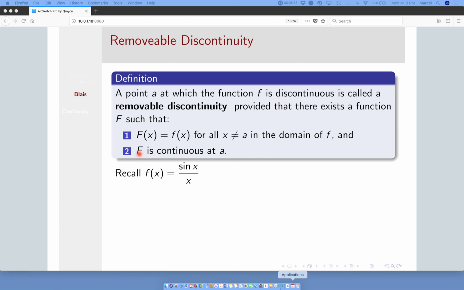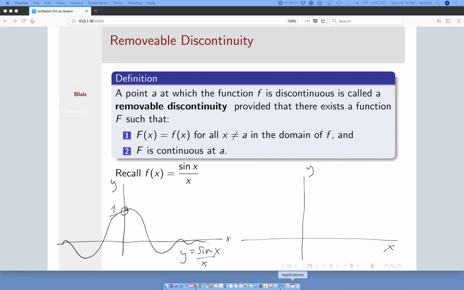It's a repaired version of little f, in that it is continuous at a. So this previous example, remember, we'll just draw it again. Sine of x over x looks like this, but it had that hole at 1.